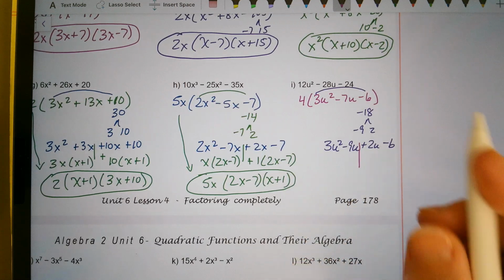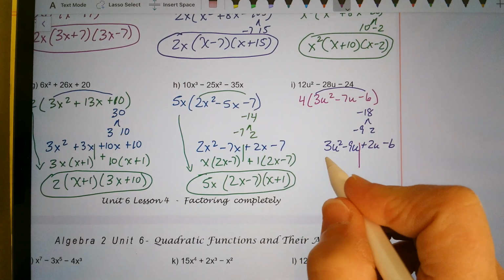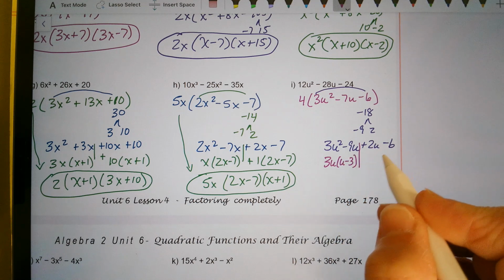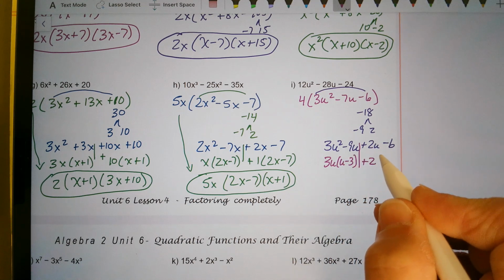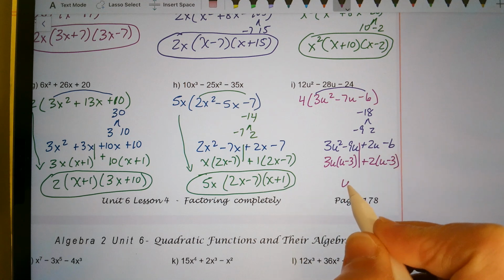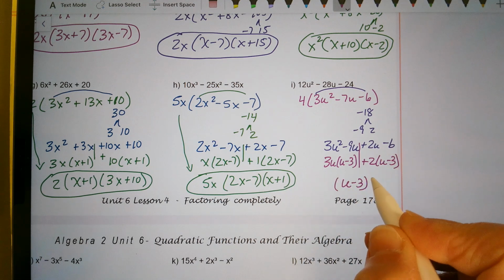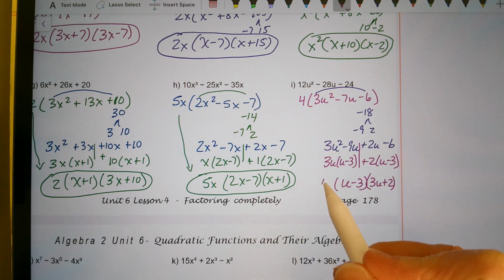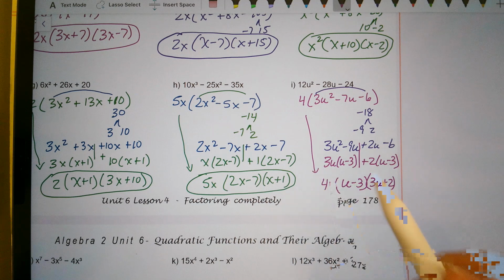And 4 terms we're grouping, split the first two, GCF 3u. And the second 2 terms, 2 is common. u minus 3 is one factor, 3u plus 2 the second factor, and the GCF of 4 comes down as the third factor.